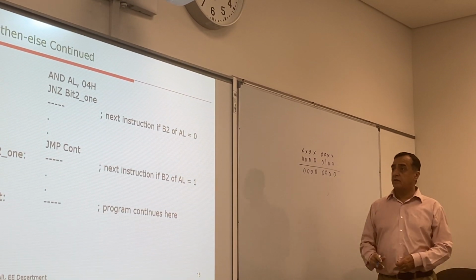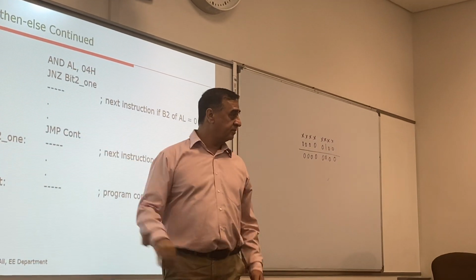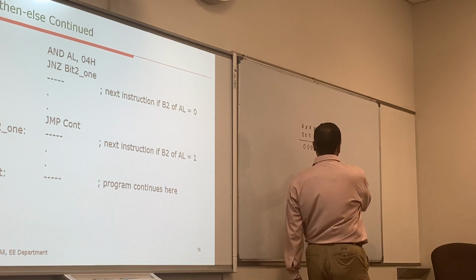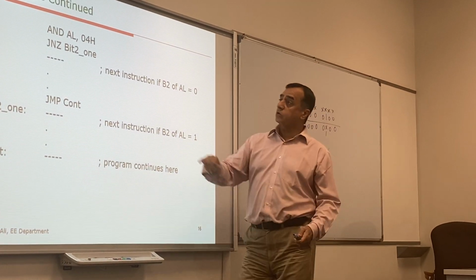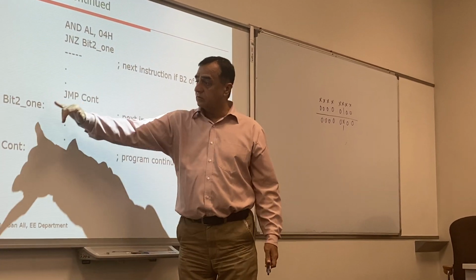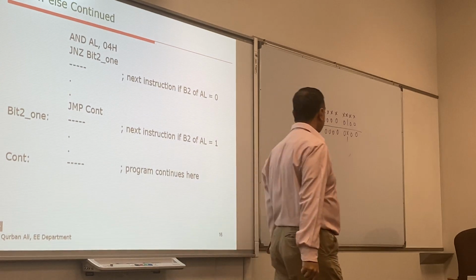Okay? Now it says if not 0, this means if this becomes 1, not 0, right? Then we go to bit to 1. If not, you continue here.